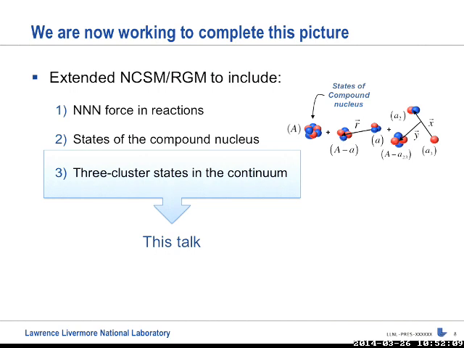We need to extend this approach to include all the three-nucleon forces that we need to include. And another technical development that we are working on is to include states of the compound nucleus.